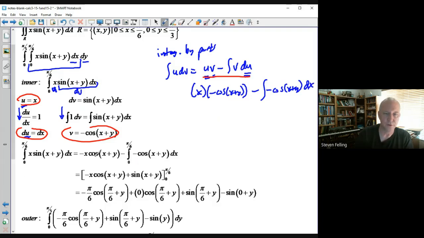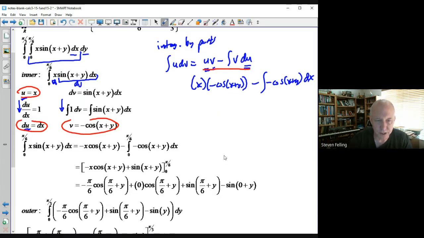So that's what I've got written here: negative x cosine x plus y minus a negative, so that's going to become a positive cosine. And then the antiderivative of cosine is going to again be a sine. And then finally we're at the point where we can plug in the pi over 2 and the 0 in for the x's.